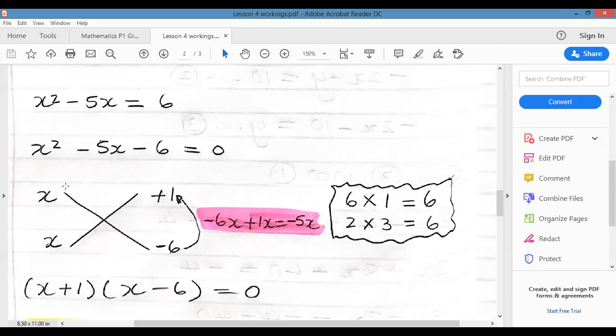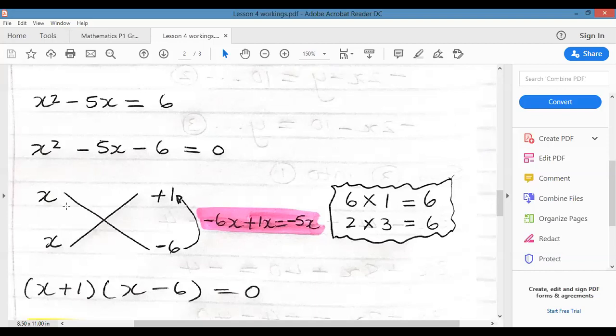So how I did it, I said x multiplied by negative 6. Because remember, the bigger number must take the sign of the middle term. What is the sign of the middle term? It's negative. And what is the bigger number between 6 and 1? It's 6.